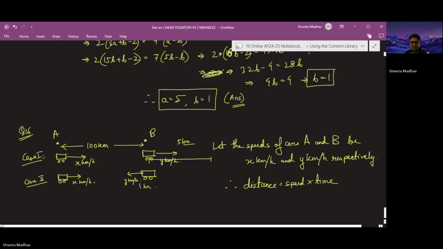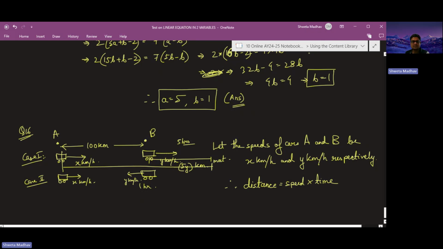So the distance traveled by car B in 5 hours is 5y kilometers, and the distance covered by car A should be from here to here, since they should meet here.